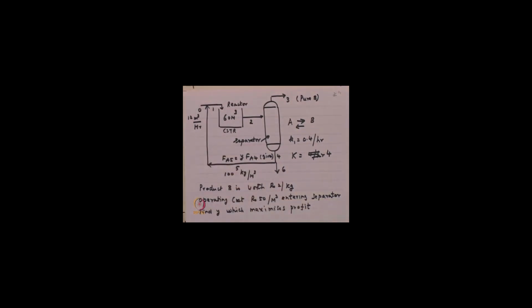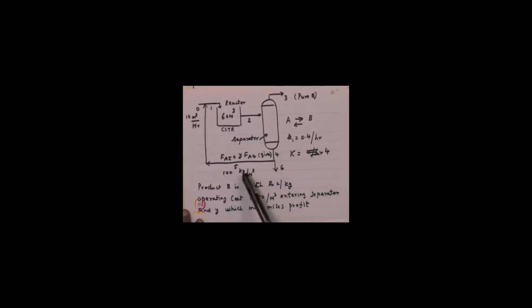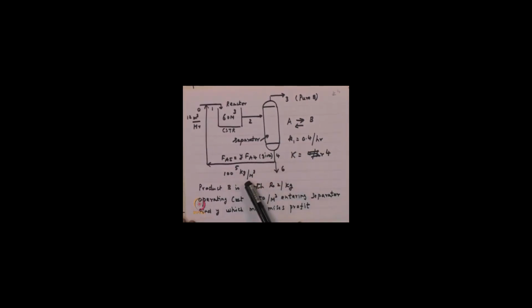But since product B is recovered, the concentrations here may not be satisfactory. Therefore, you make up the concentrations in this stream and make it up to 100 kg per cubic meter as was specified in this exercise, and it is recycled, so that the concentration at position 1 is also equal to what we have in the fresh feed stream.